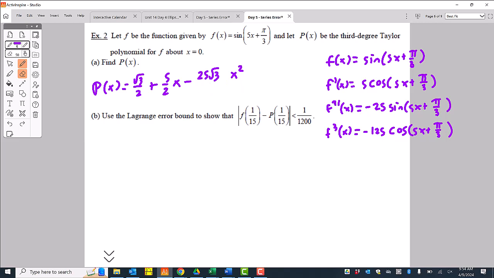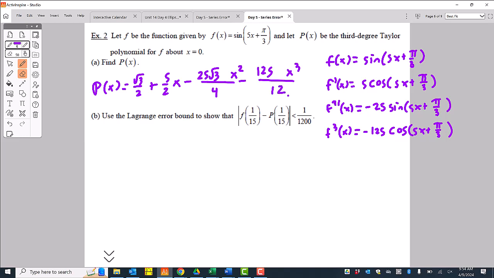So that could be 25 root 3 x squared over 4. Minus, plug in 0 again, we get 125 over 2 times x cubed over 6, so that's 125 over 12. Okay, so here's our polynomial.